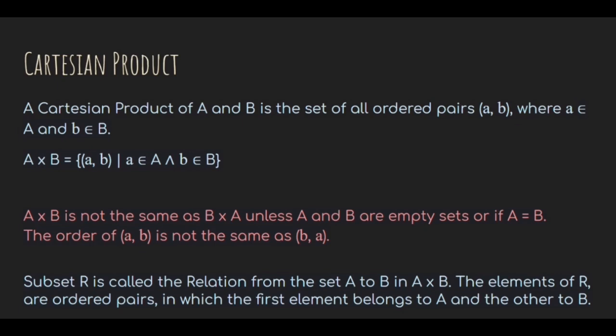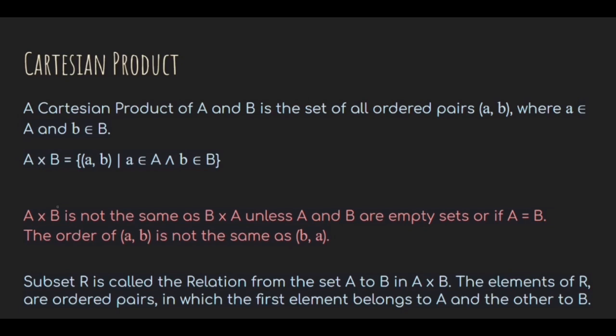A Cartesian product of A and B is the set of all ordered pairs AB where A belongs to set A and B belongs to set B. It's written as this, the Cartesian product of A and B, and the Cartesian product of A and B is not the same as B and A. I know we're saying product, but swapping these gives you very different results. So it's not exactly a product per se.